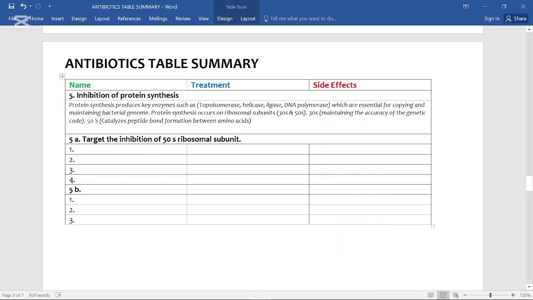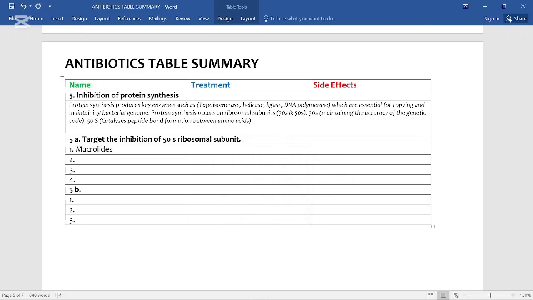These drugs tend to be majorly bacteriostatic because they work by inhibiting these enzymes, thereby affecting the growth of the bacteria. The first one here is the macrolides.